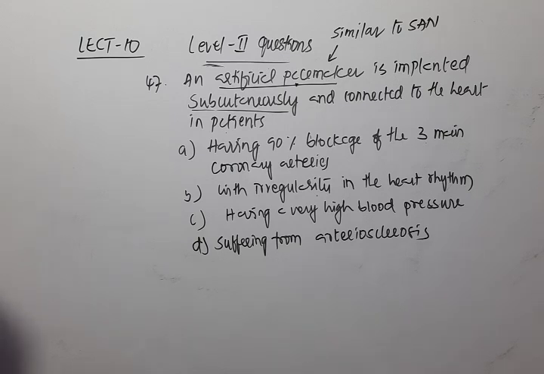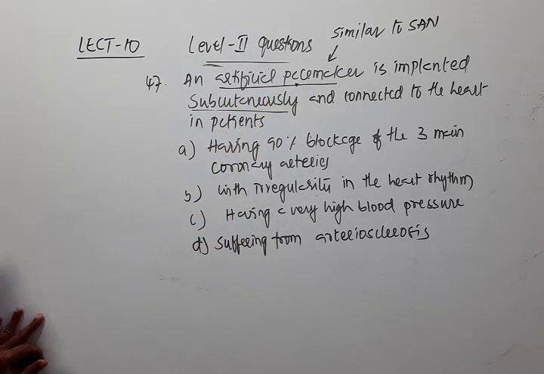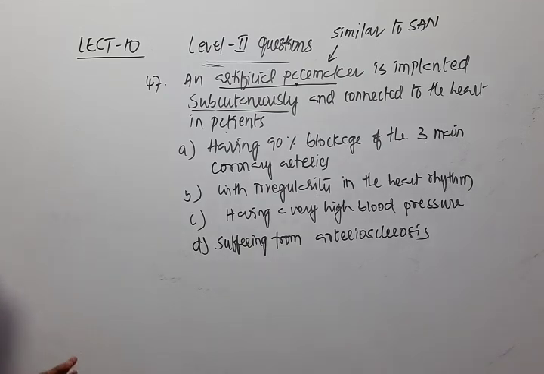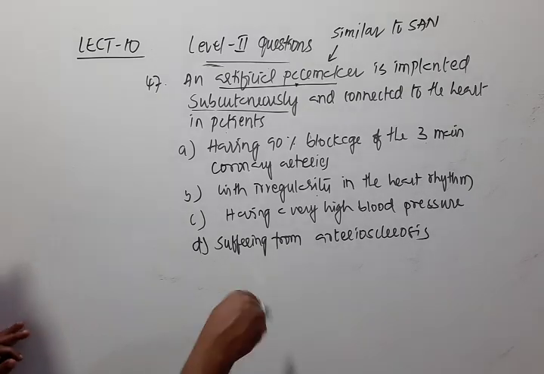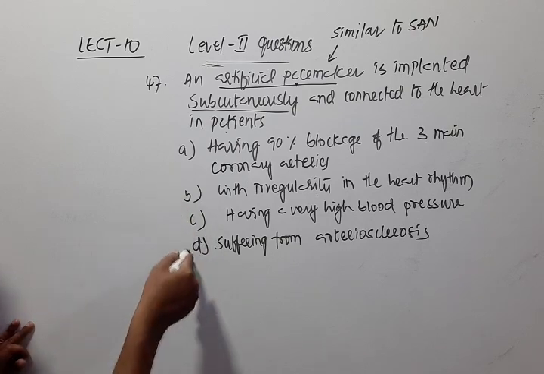Then, having very high blood pressure is completely different from this and has nothing to do with the artificial pacemaker. Then suffering from arteriosclerosis, that is deposition of cholesterol and other substances in the wall of the blood vessels, which reduces the lumen diameter and increases the pressure. So we will not consider options A, C, D.